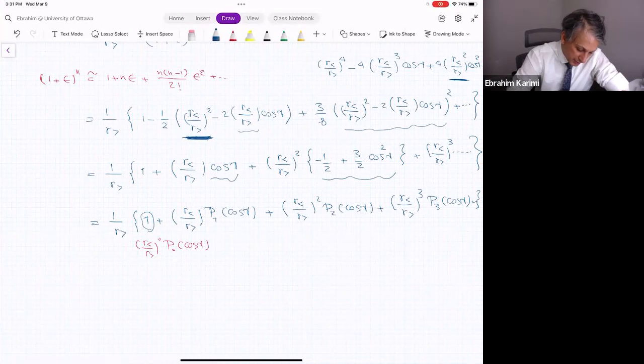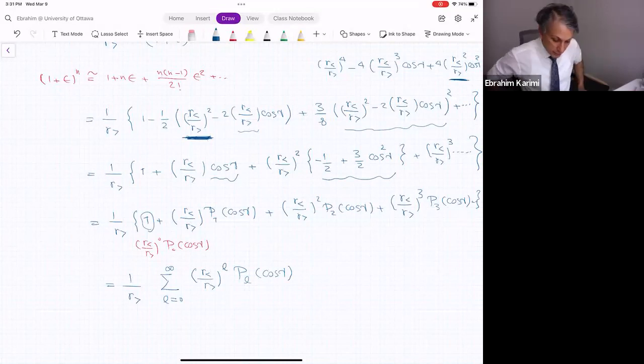Indeed, the entire expansion that I have is 1 divided by r larger, summation of L from 0 to infinity of r small over r larger to the power of L, PL of cosine of gamma.